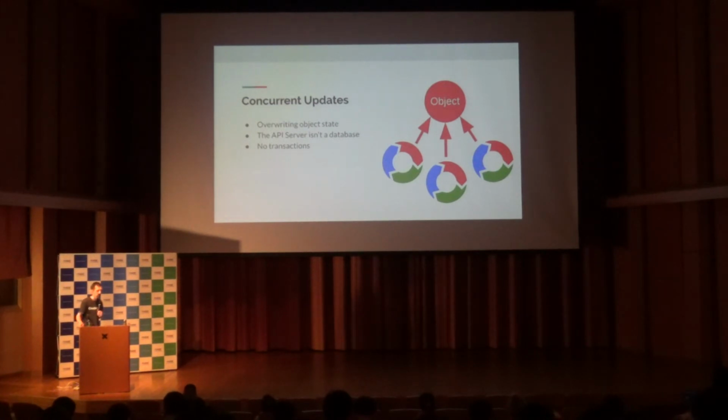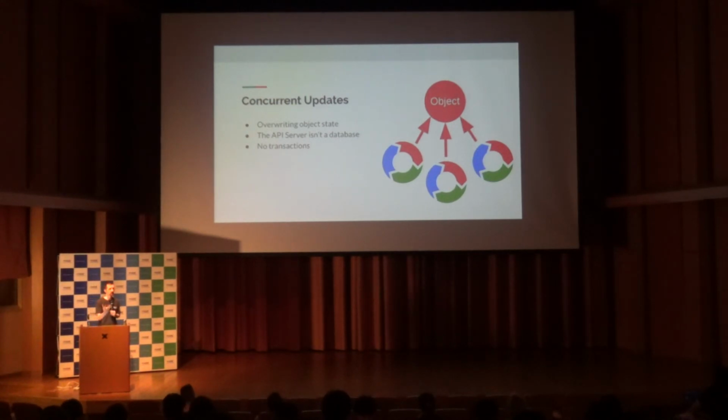Also, these libraries and frameworks help you deal with things like concurrent updates. If you have a particular object or a particular custom resource, and you want to perform some action based on when that custom resource is created or changed, typically you don't want to have multiple controllers or multiple loops running that will act on those changes at once, right? You can run into race conditions and things like that.